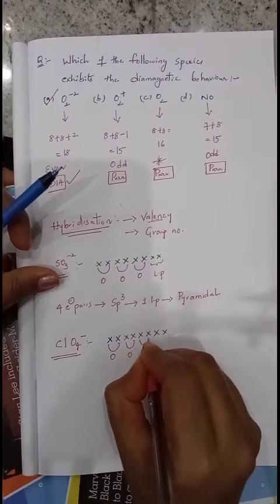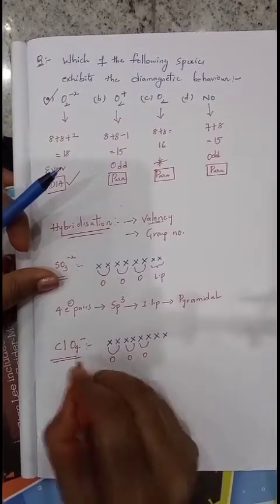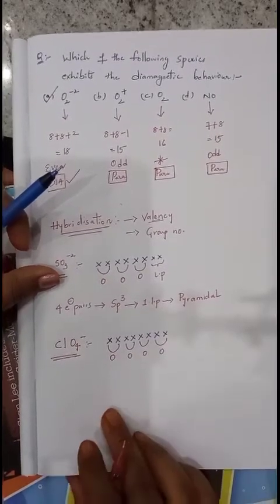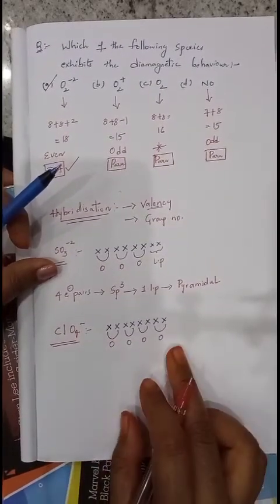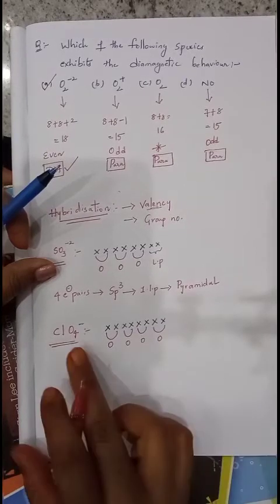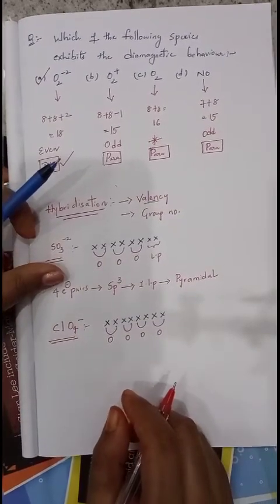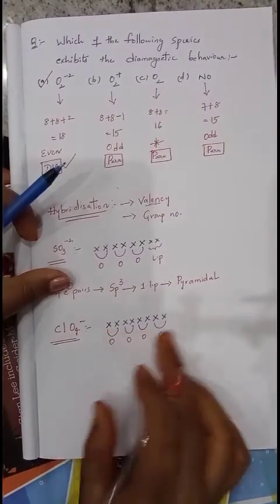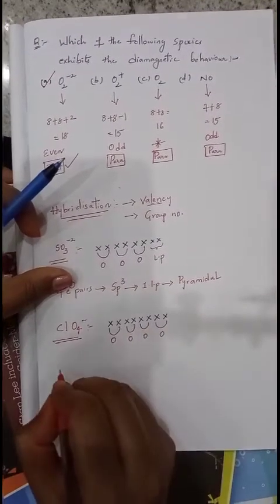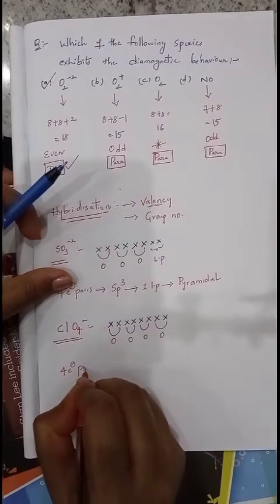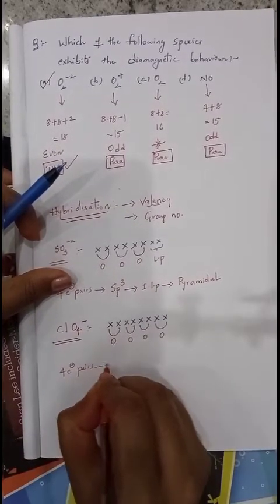Next 2 electrons are taken by the third oxygen, and last 2 electrons are taken by the fourth oxygen. That means all the 8 electrons are shared by the 4 oxygen atoms present in the molecule. Okay, so totally 4 pairs are there. Total number of electron pairs are 4.